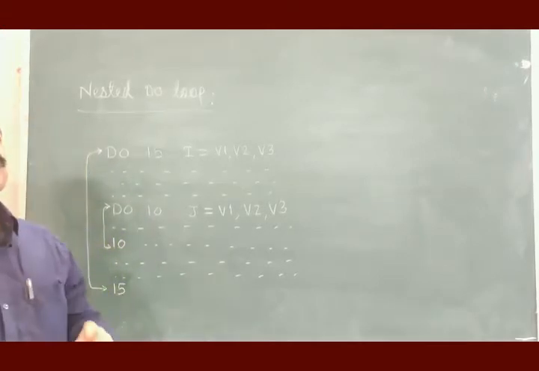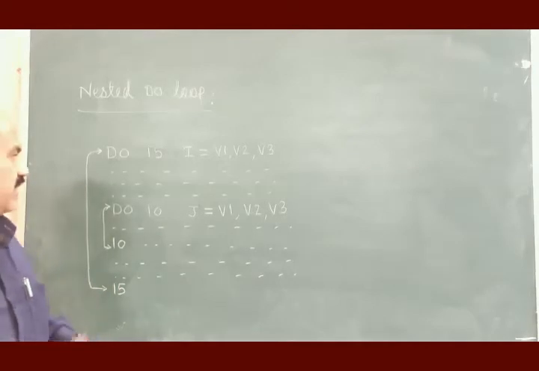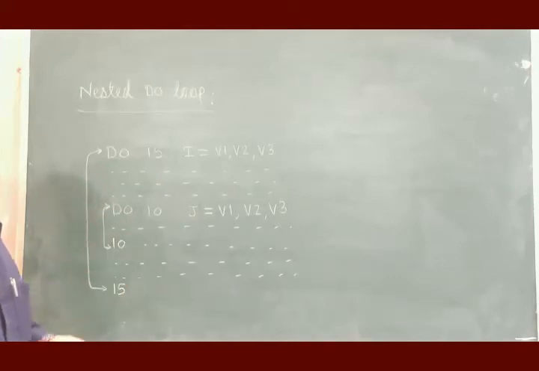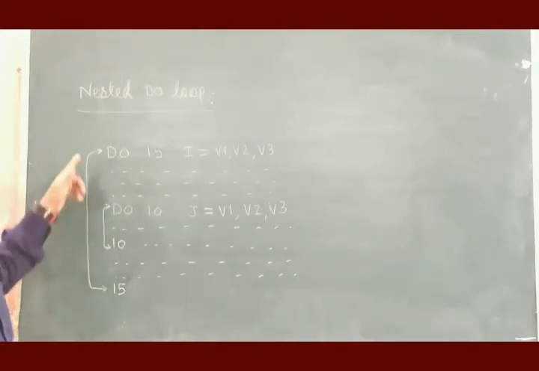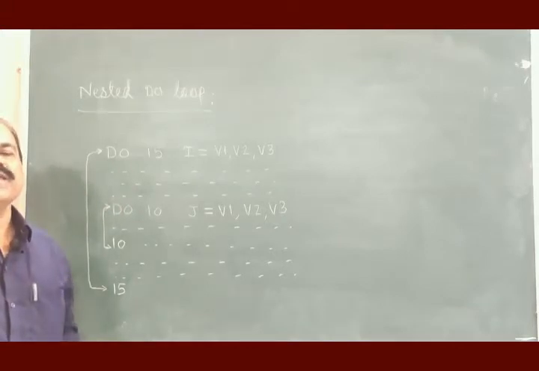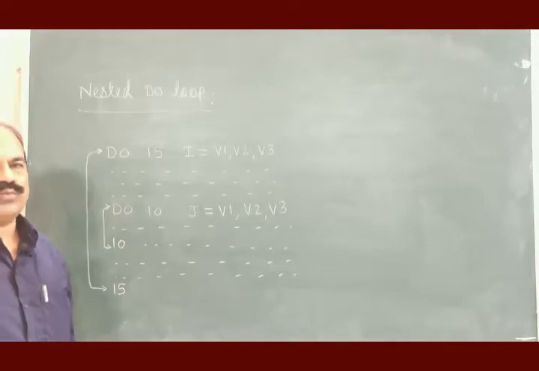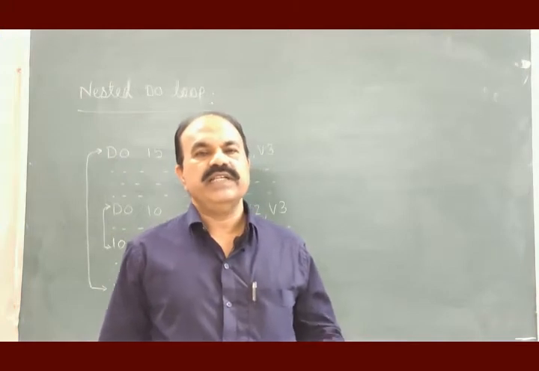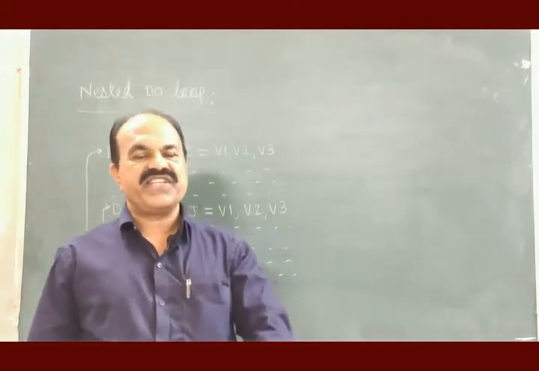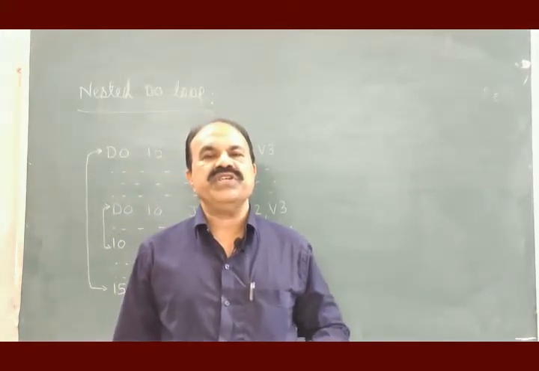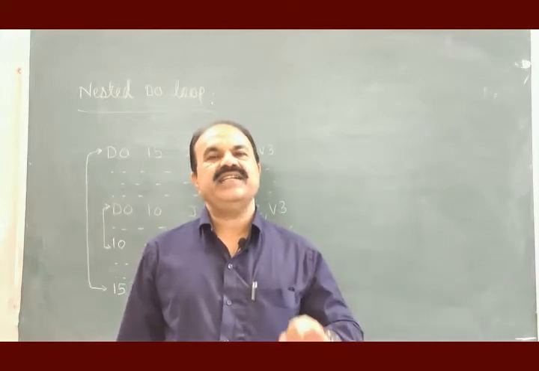When we have two do loops such that one do loop is completely within the other do loop, such a structure is known as nested do loop.